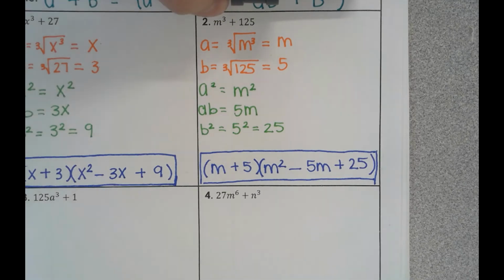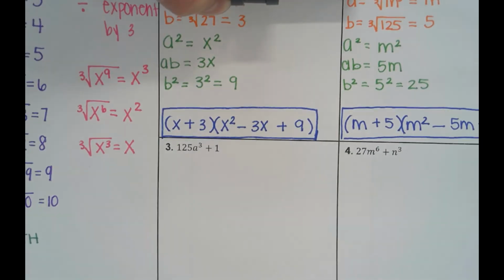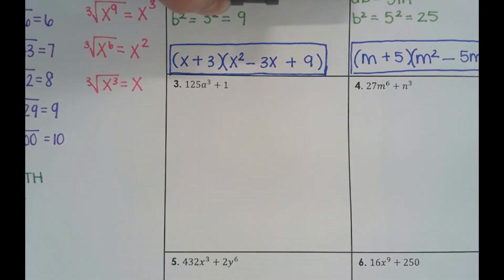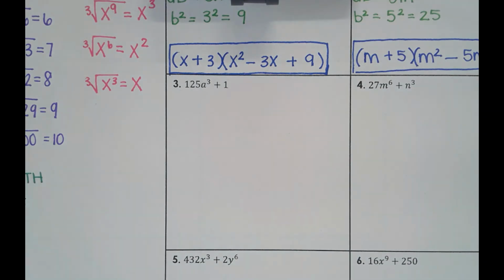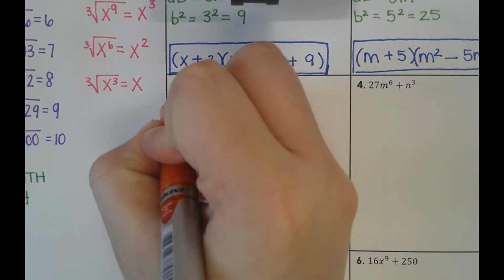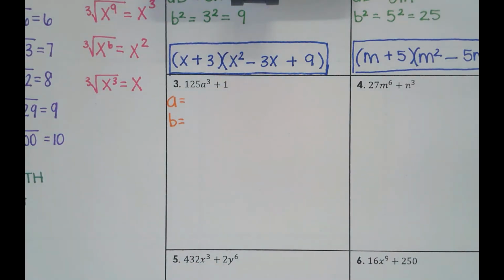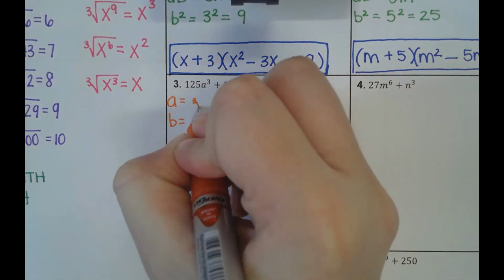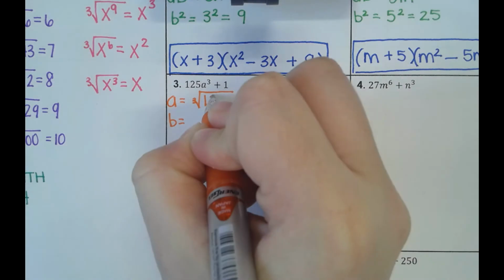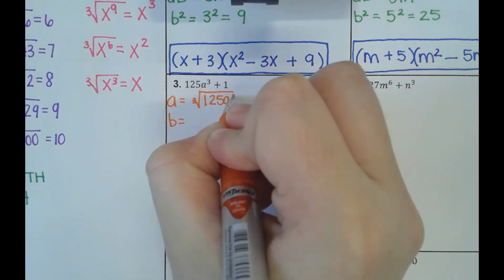All right, let's go to number 3. Just getting a little harder as we go. All right, number 3. Same process. Start out with our A and B. So to find the A, we take the cubed root of 125a cubed.